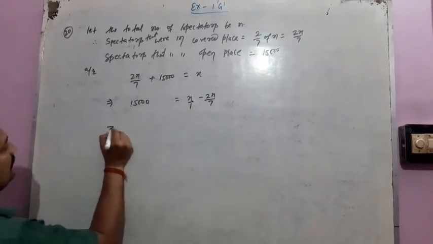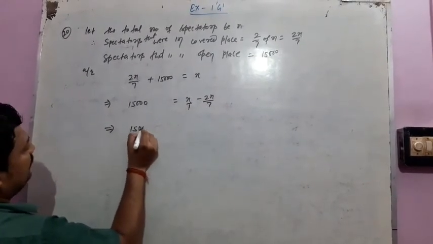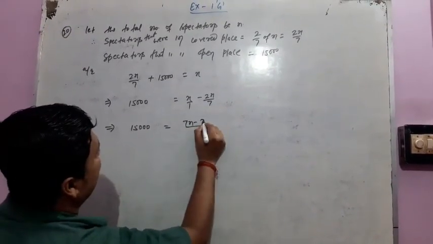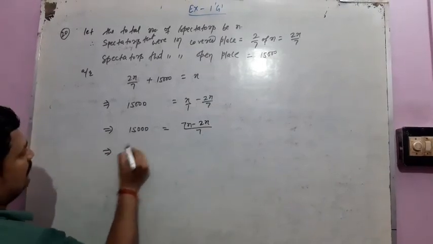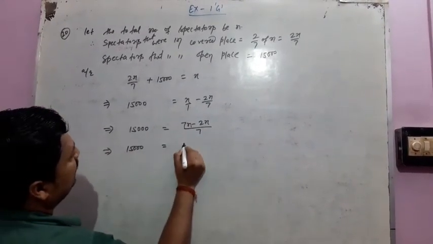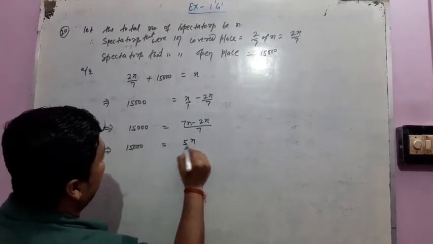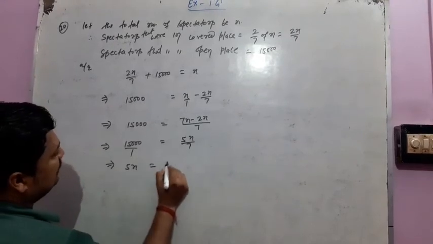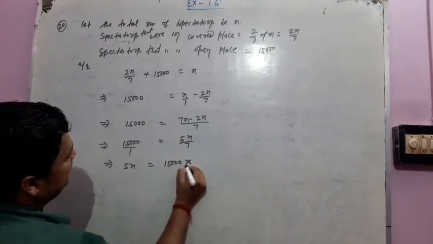Taking LCM 1, therefore 15,000 is equal to 7x minus 2x, that is 5x/7. Now cross multiplying, 5x is equal to 15,000 into 7.